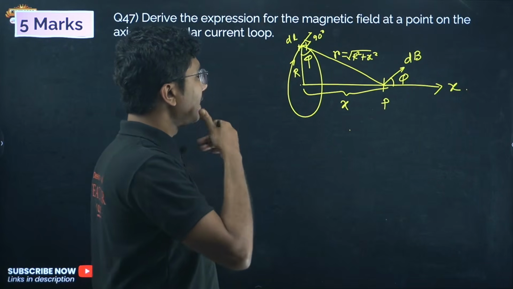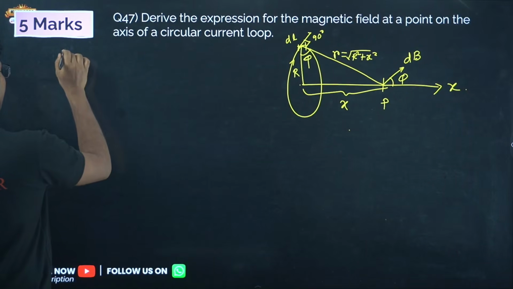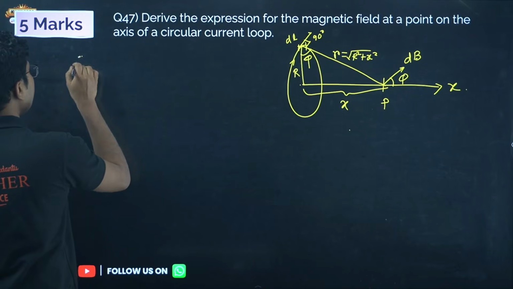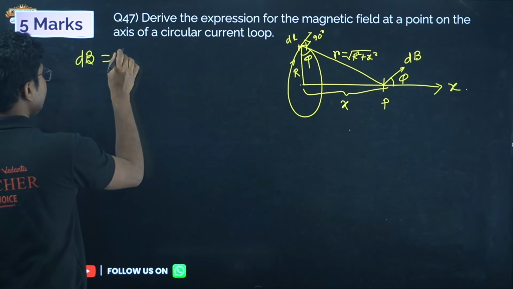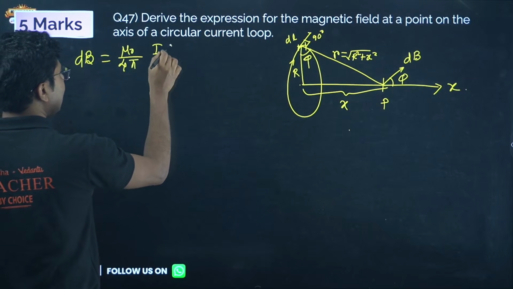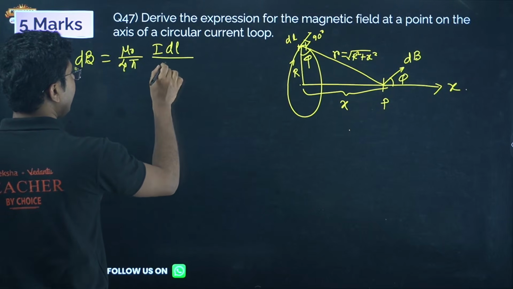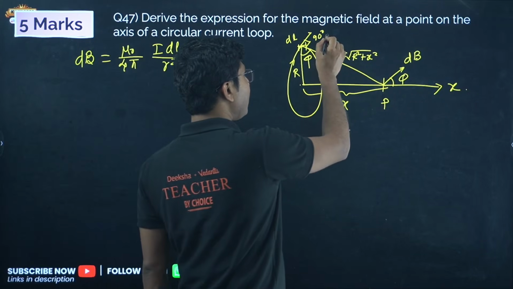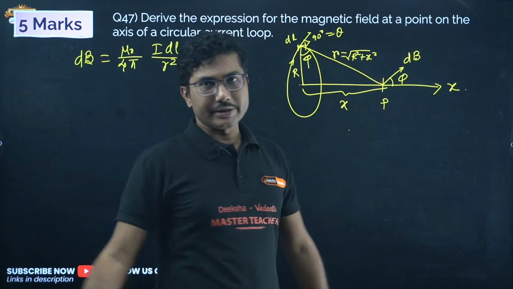Now next, you have to apply Biot-Savart law. From Biot-Savart law, we can say that this small magnetic field dB is given by mu naught by 4 pi, I dl by r square. Now you might say, sir, where is the sine theta? I mentioned theta is 90 degrees, so sine theta is 1.